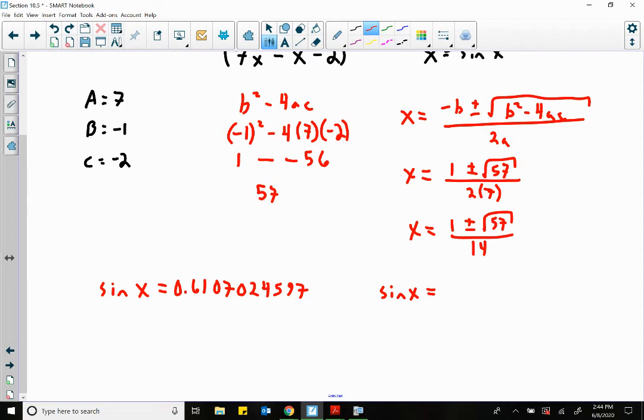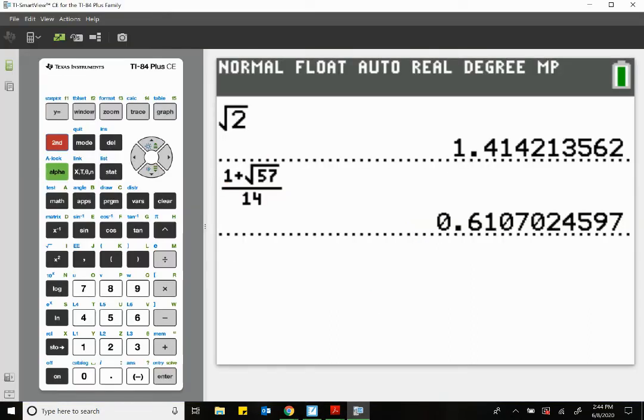And then we do it again, but instead of the addition, we have subtraction.